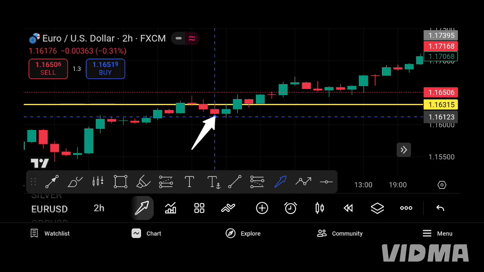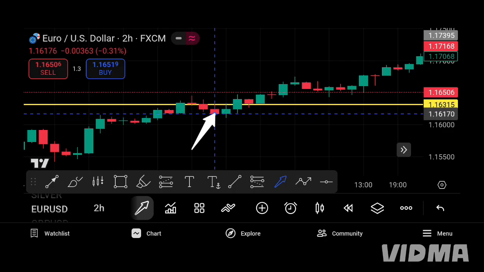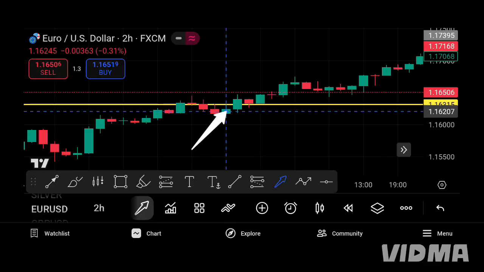This blue candle here is the one that has swept liquidity. So we mark the high of it, where the yellow line is. That's going to be our entry.